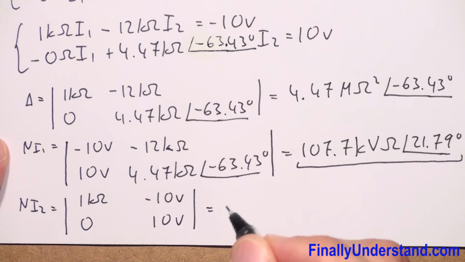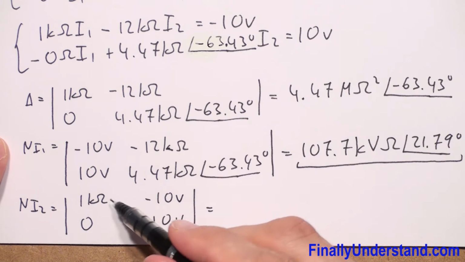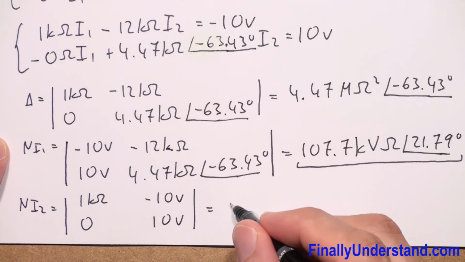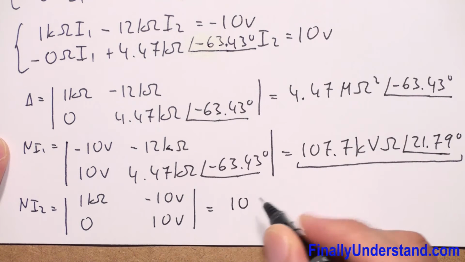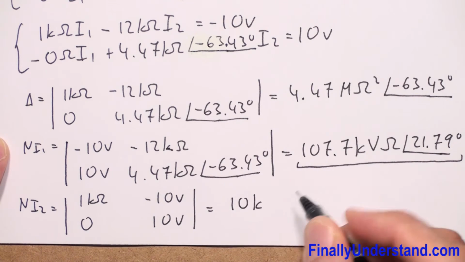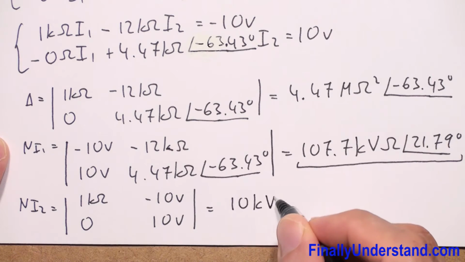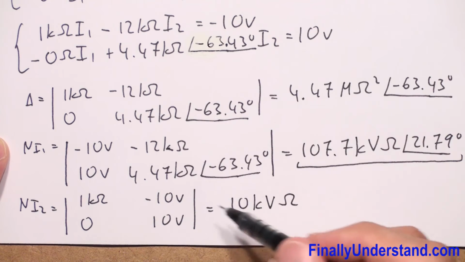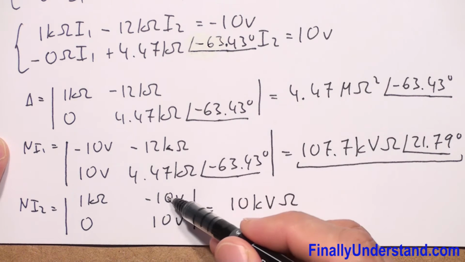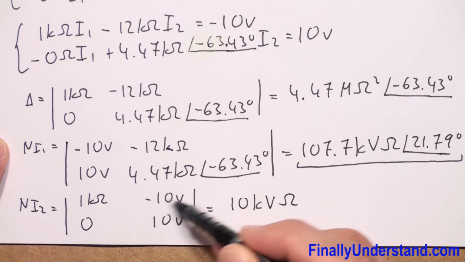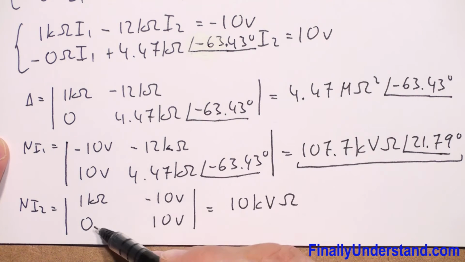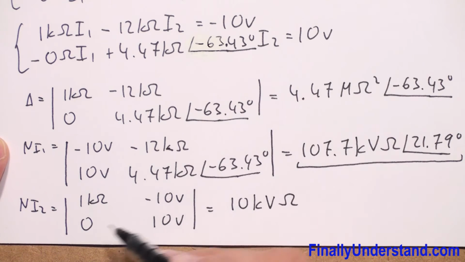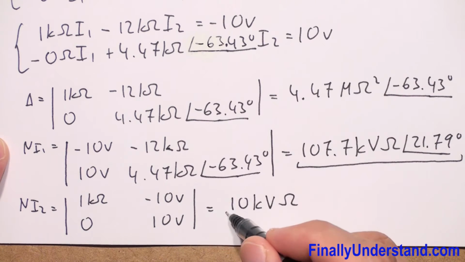So this is equal to 1 kilo times 10, this is equal to 10 kilovolt ohm. Okay, so I'm not going to even consider the multiplication of these two numbers because 0 times anything will give me 0. So this is my NI2.